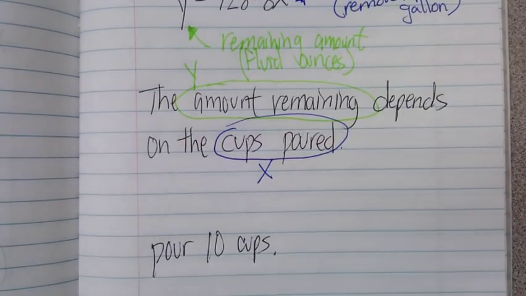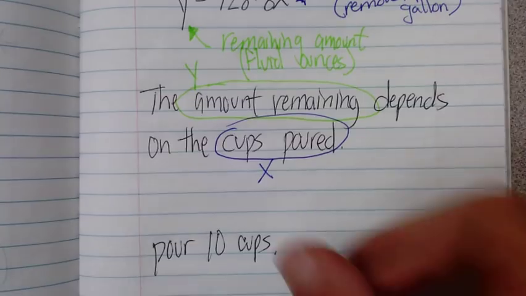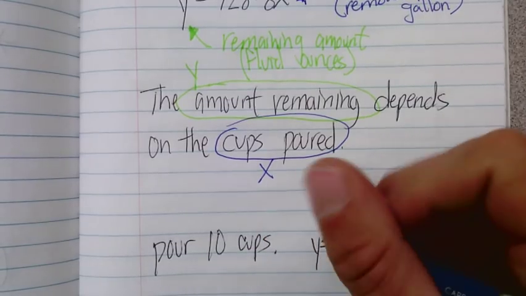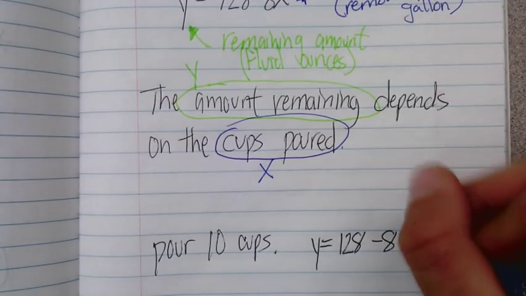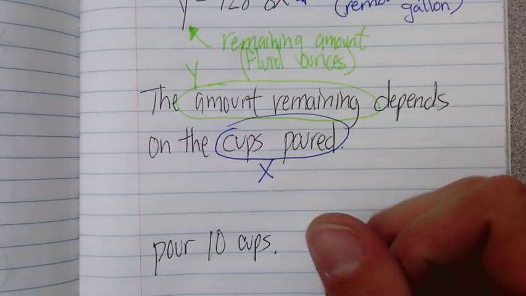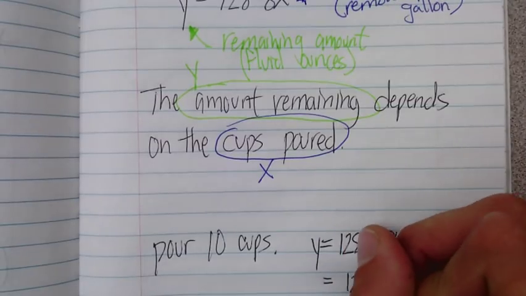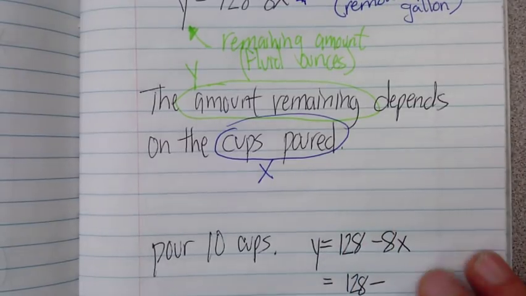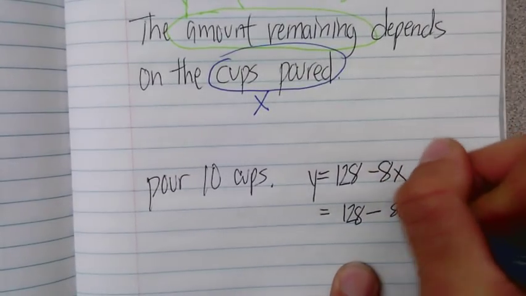So in order to find out how much is remaining, you need to first write the equation. So y equals 128 minus 8. Plug in your parts. 128 minus 8 times 10.